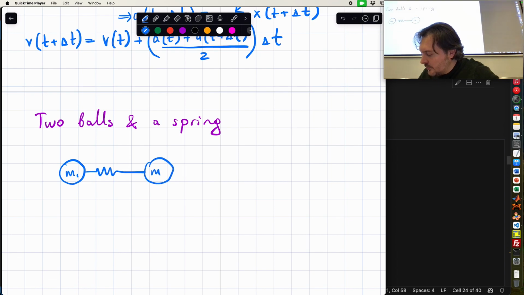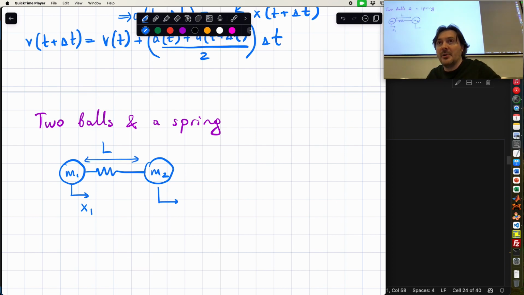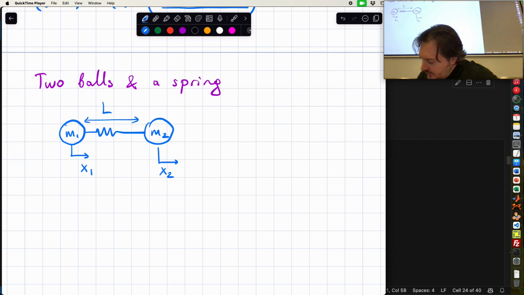So far there was always one object, right? Now you have two objects. And I'm going to write things in terms of the displacement from the equilibrium points. So they might have an equilibrium distance that is L apart. So, for example, if this is spring constant K, what is the formula for M1 d squared x1 over dt squared?